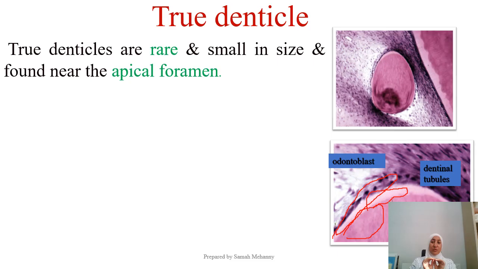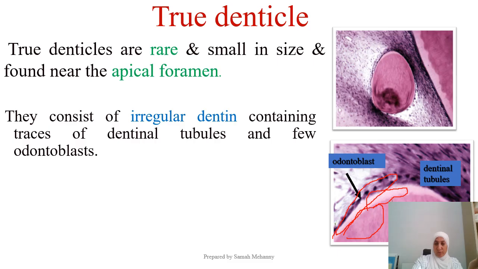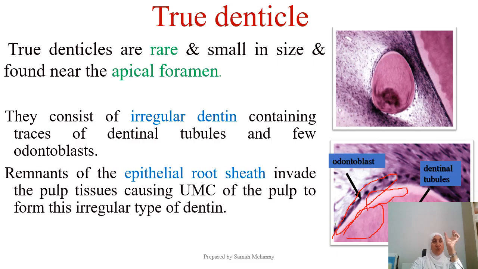Why? Because true denticle occurs due to the presence of remnants of the epithelial root sheath of Hertwig, which existed to form the root. These remnants could escape into the apical foramen and thus provide induction to some of the pulp cells to form odontoblasts, and these odontoblasts form this stone.